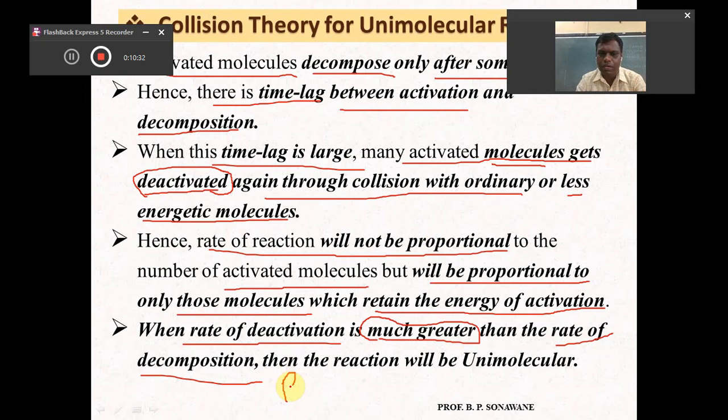I can show you: suppose this is the reactant, and it gets converted to product through the formation of an activated complex, or activated molecule.